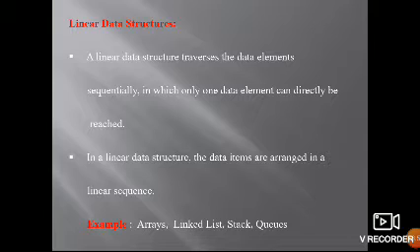In a linear data structure, the data elements are arranged in linear sequence. Examples: arrays, linked lists, stacks. These all come under linear data structures. All the elements will be arranged in a linear sequence.